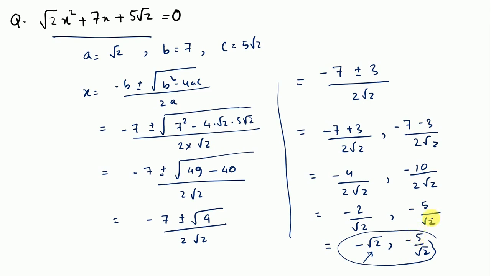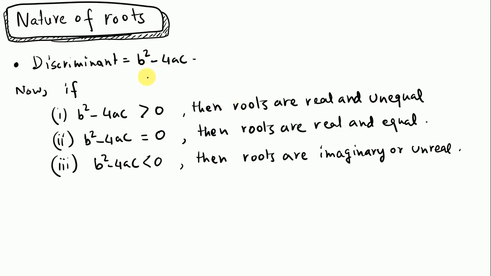In order to find the nature of roots without solving the quadratic equation, we saw that while solving we get the two roots of x, and they can be real and equal or unequal.